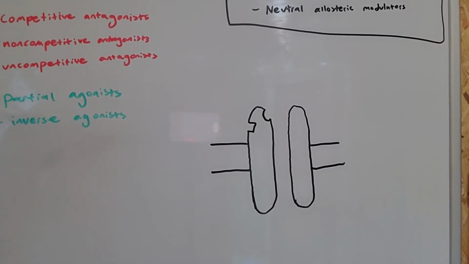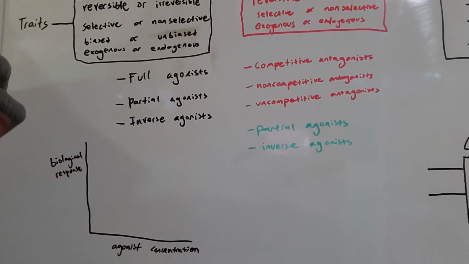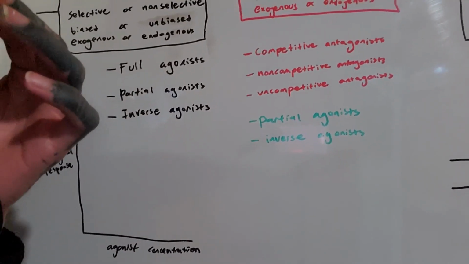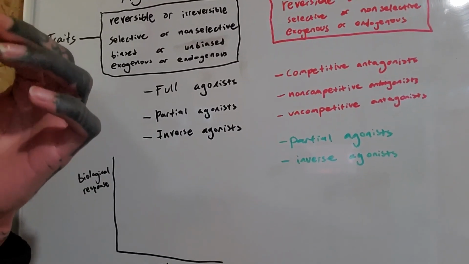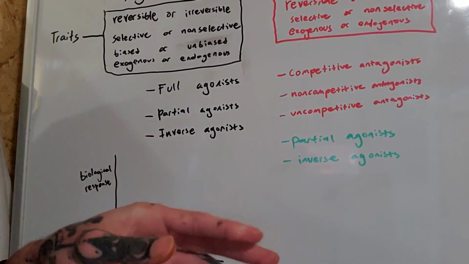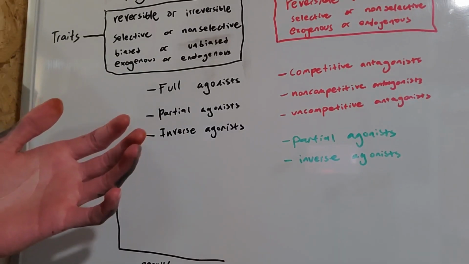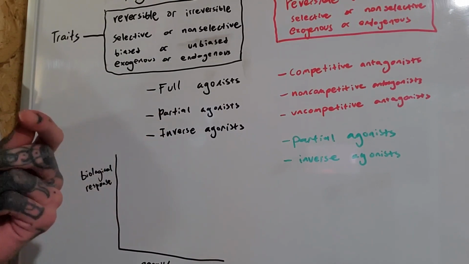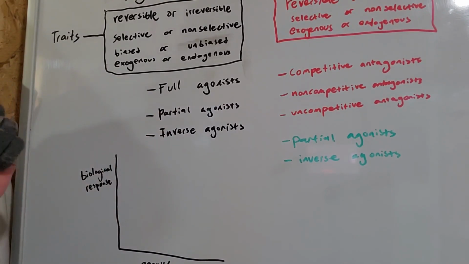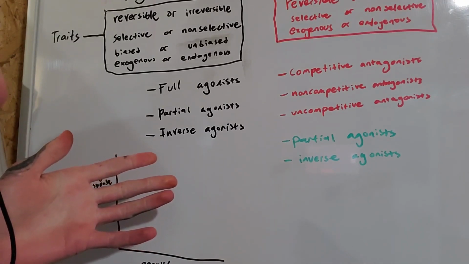Now, let's get into what different types of ligands there are. So I'm going to start off with the agonists. An agonist is a ligand that binds to the active site on a receptor, the orthosteric site, and it activates the receptor, as in it induces the transduction of a signal.